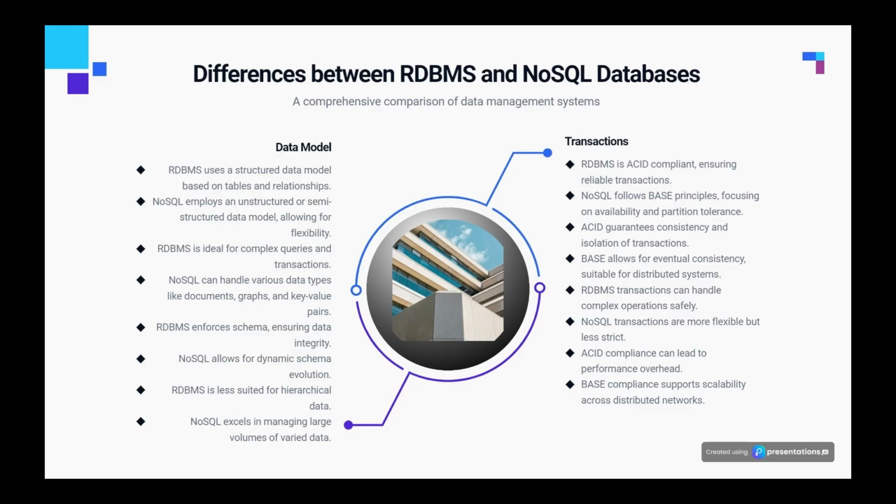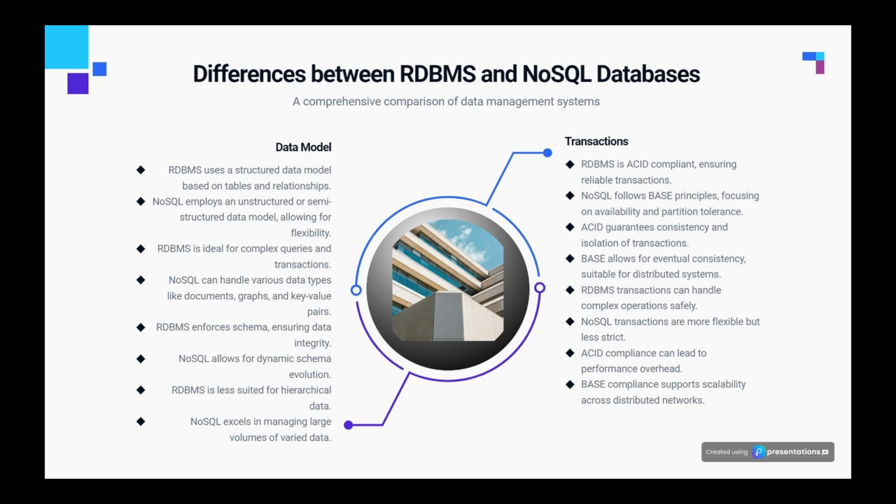Now we are going to see the difference between the data models and transactions of RDBMS and NoSQL database. So in data model, RDBMS uses a structured data model based on tables and relationships, whereas NoSQL employs an unstructured or semi-structured data model, allowing for flexibility.